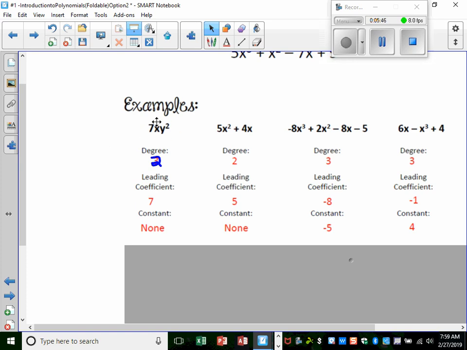This term does not have a constant, okay, because it has variables beside the 7. This term here, no constant. Each term has variables. This one does have a constant. The constant is -5, right there. This one has a constant. And again, this is all about vocabulary. The constant is 4.